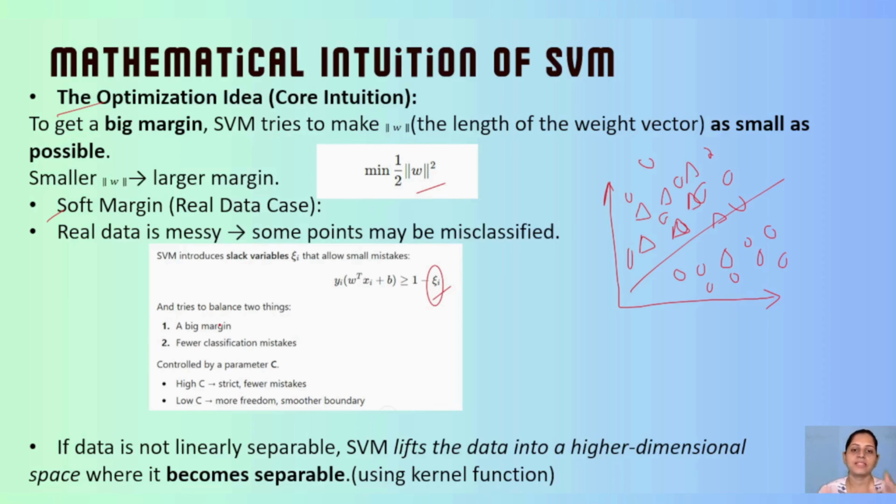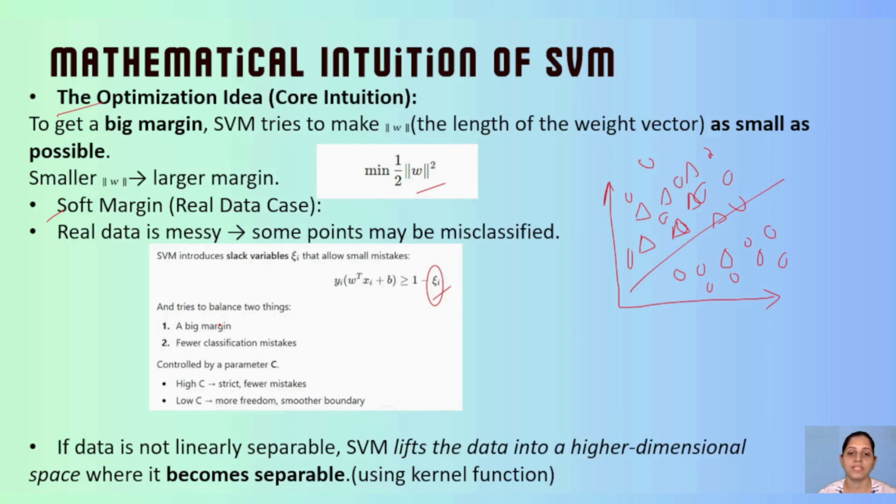Again, with soft margin the goal is always to get a big margin, and we have one more important hyperparameter, C. If the C value is higher, it's going to make fewer mistakes and be very strict in its prediction.